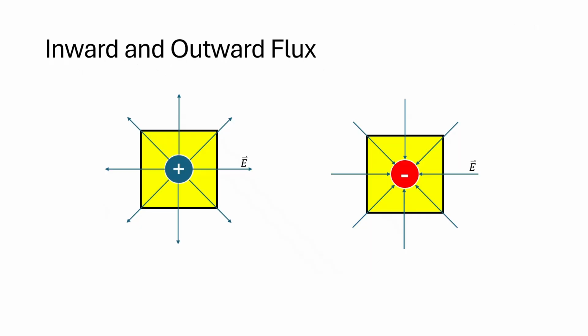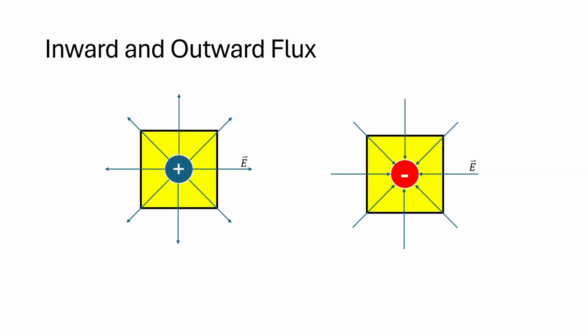Now in this slide, what we have is the illustration of the direction of the electric field when a particular charge is inside the container or inside the box. This is just a simple illustration that if the positive charge is inside the box, the electric field is directed outward.